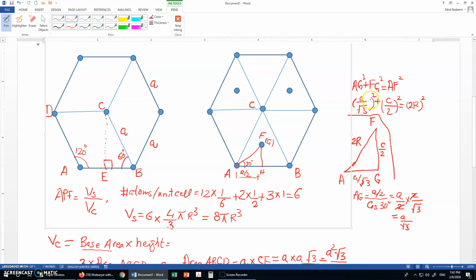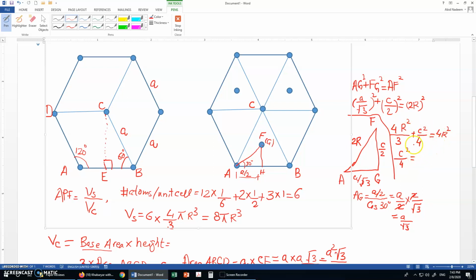So A square is equal to 4R square over 3 plus C square over 4 is equal to 4R square. So C square by 4 will be equal to 4R square minus 4 by 3 R square.